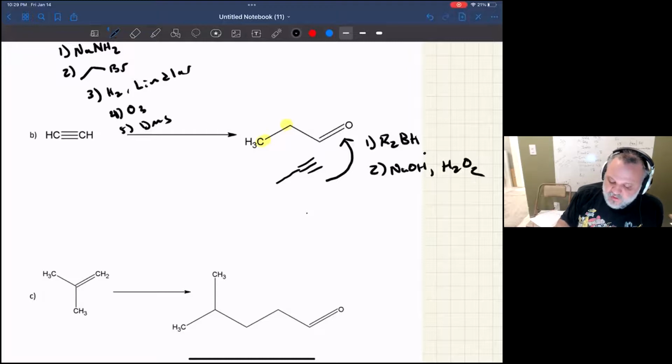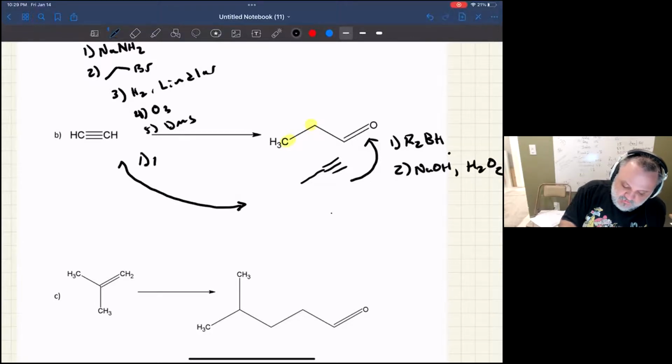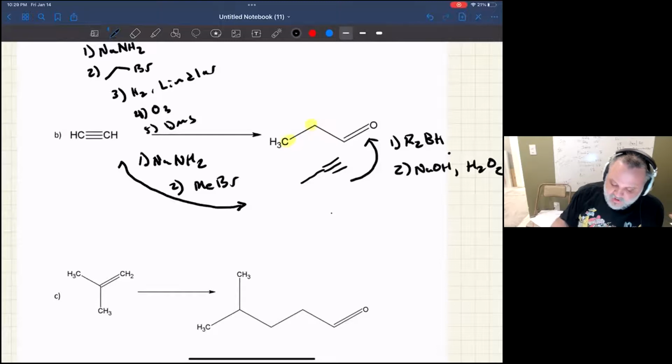Okay, so how could I make this alkyne? Well, I start off with a 2-carbon alkyne, and so I need to add 1 carbon to it. So again, sodium amide, and instead of ethyl bromide, I use methyl bromide. I'll add the 1 carbon that I need.